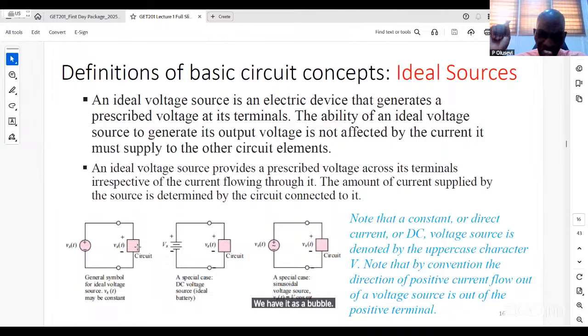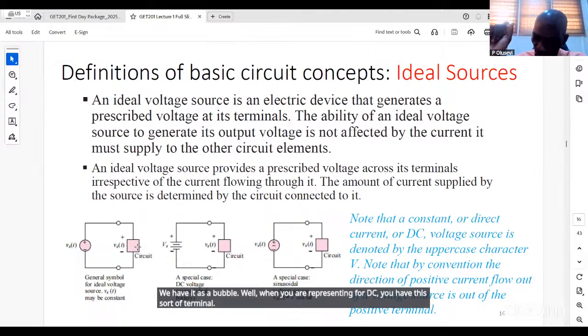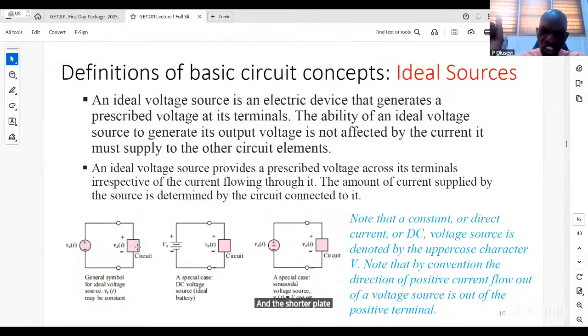But when you are representing DC, you will have a shorter plate and a longer plate. The longer plate will be positive, the shorter plate will be negative. That's what you are seeing in the second circuit, with the longer plate towards the left-hand side, then the shorter plate, the longer plate, the shorter plate.